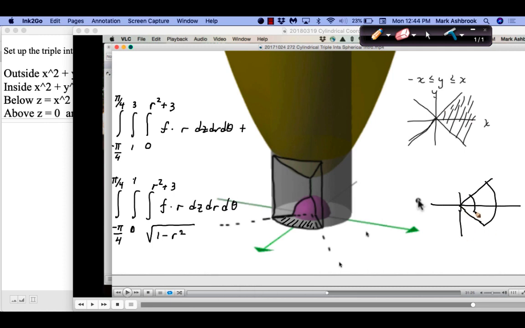This is the projection of this thing into the xy plane. So that pink sphere gets projected like that, and then the cylinder is projected like that, and then here are those lines, y equals negative x, y equals x.